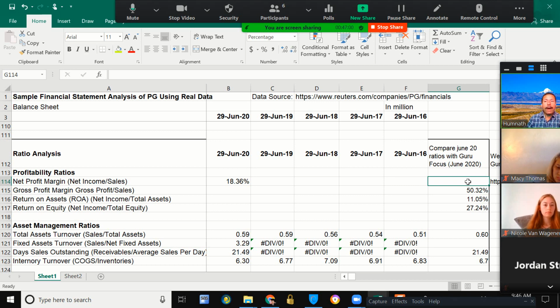So net profit margin, a high net profit margin is a good signal, right? If a company has a high profit margin, that's a good signal. But I want to make sure that is right.